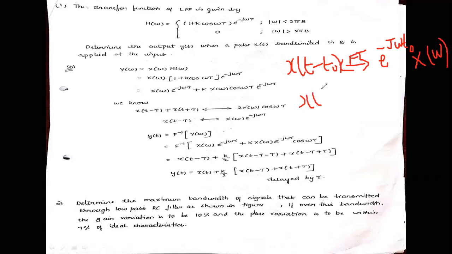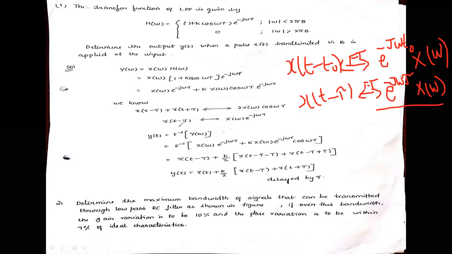So x of t minus tau has the Fourier transformation e power minus j omega tau X of omega. It is the Fourier transformation of the function x of t minus tau; if you take the inverse Fourier transformation of X of omega e power minus j omega tau, you will get x of t minus tau. And coming to this function, 2 into X of omega cos omega tau, it is x of t minus tau plus x of t plus tau.